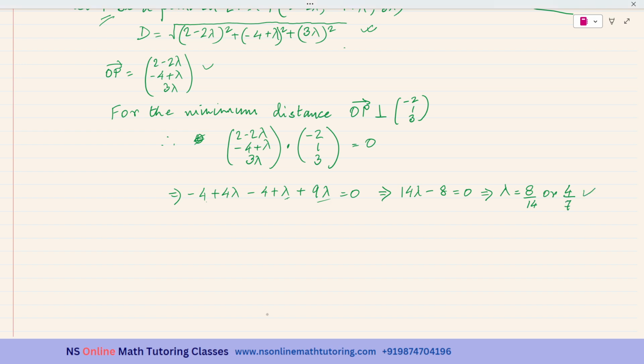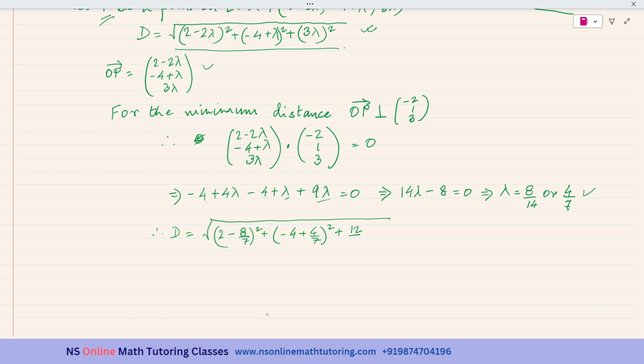So once we have got the value of lambda, we can put the value of lambda in this expression and find the minimum distance. Okay. So therefore D should be 2 minus 2 times 4 over 7 is 8 over 7 plus negative 4 plus 4 over 7 whole square, and 3 times lambda, 3 times 4 is 12.